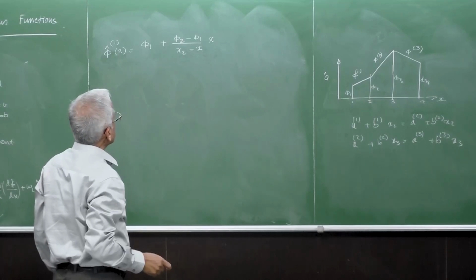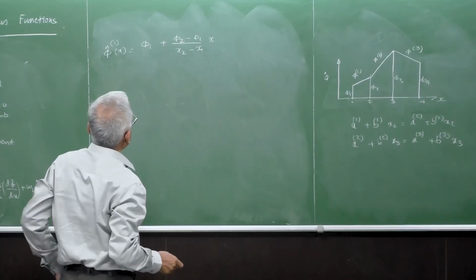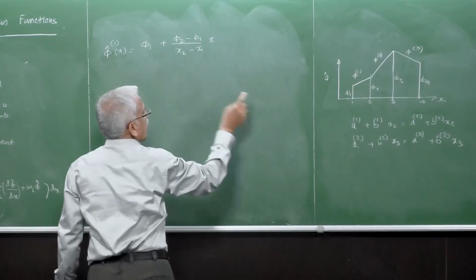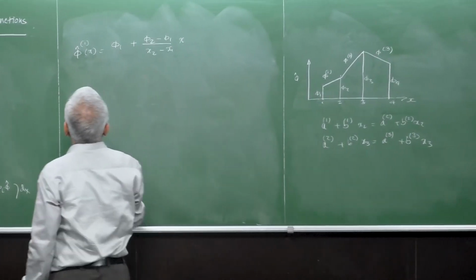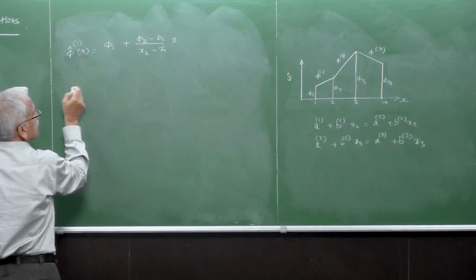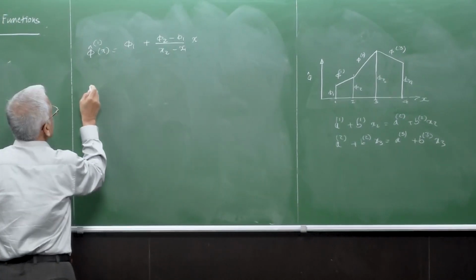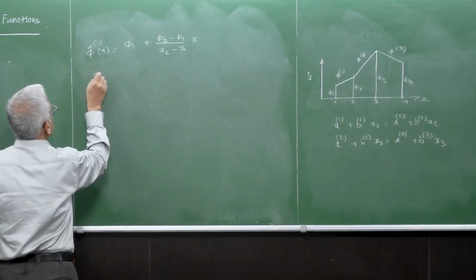So you can see that it is having a variation of phi 1 to phi 2. So this is in the region of element 1, right?